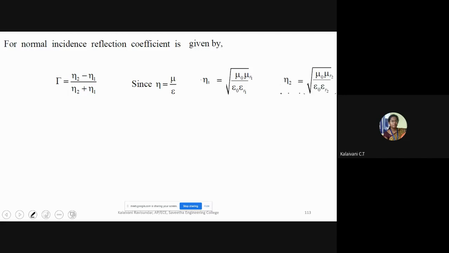Similarly, eta 2 is root of mu naught mu r2 divided by epsilon naught into epsilon r2. Substitute the values in the reflection coefficient equation. What happened to mu r1 and mu r2? Mu r1 and mu r2 are equal to 1, so we have not written them here. You can take mu naught by epsilon naught as common. So mu naught by epsilon naught will be cancelled.